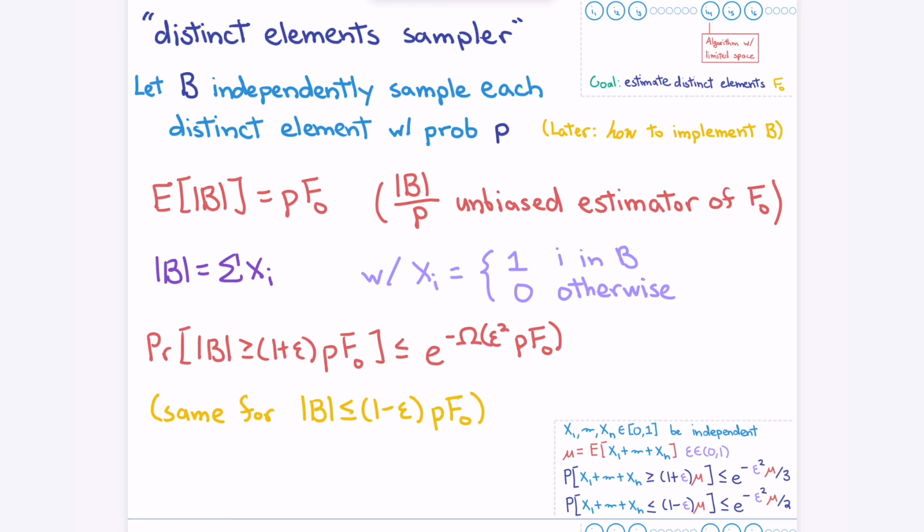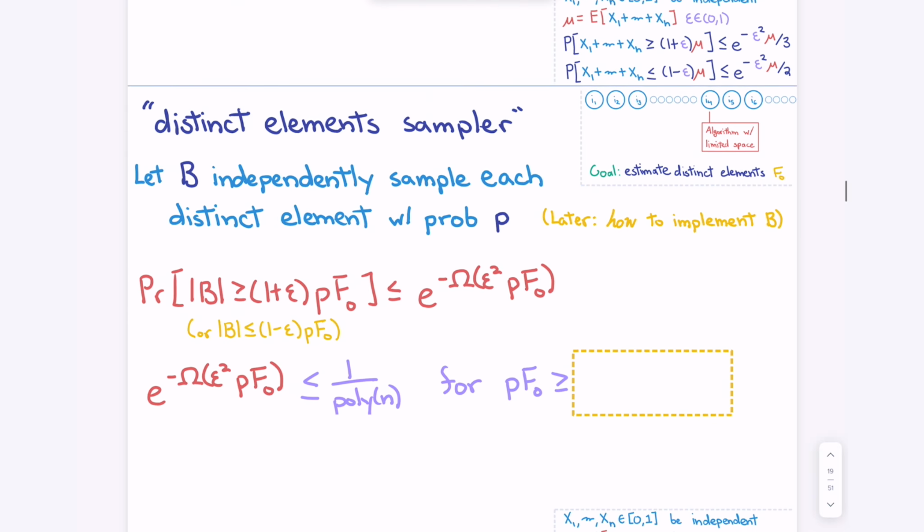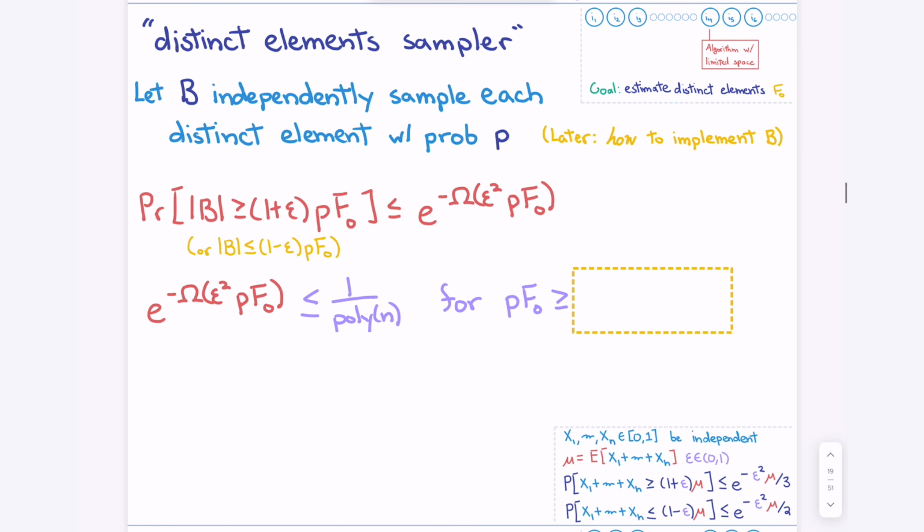Okay, so fine. If I want this probability to be 1 over n squared, 1 over n to the 10, something sufficiently small so I don't have to worry about it, what do I need PF0 to be? Log n? Log n over epsilon squared, I heard in the back.